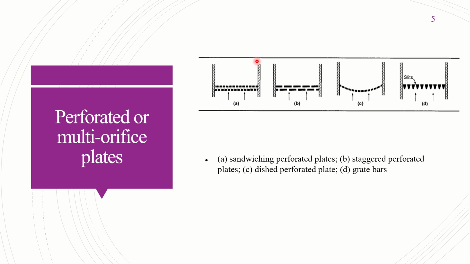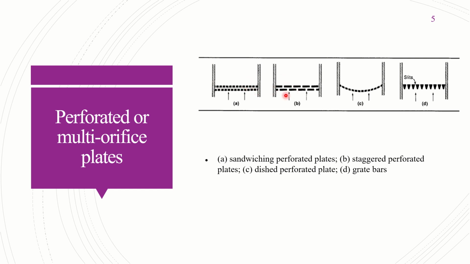The first one is a sandwiched perforated plate, and staggered perforated plates, and this is a dished perforated plate, and this one is grate bars. In the sandwiched perforated plate, a metal screen is placed and sandwiched between two perforated plates.